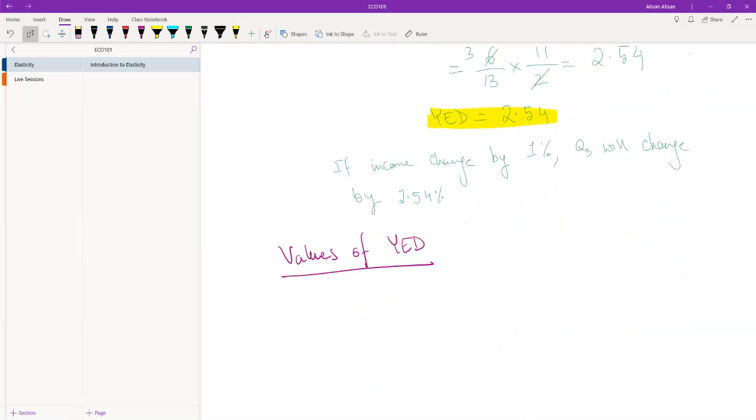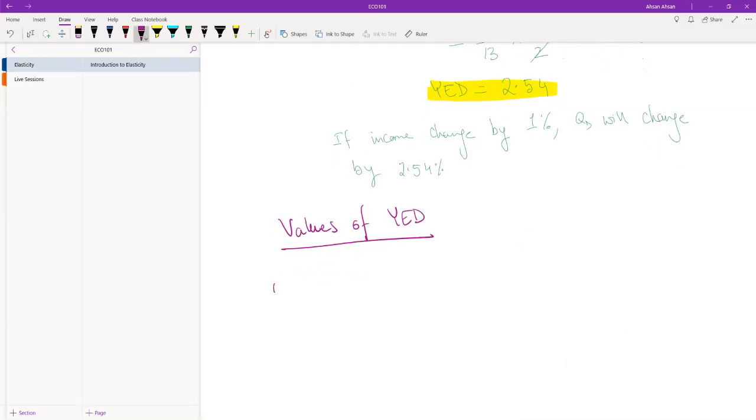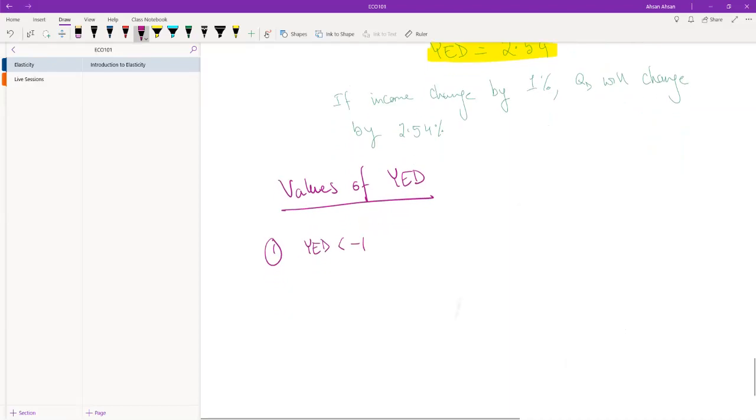Notice that for PED, we could say that it will always be negative because in the formula, either the denominator or the numerator was always positive and the other was always negative. Over here, we do not have that problem, okay? So let me just write down the values, then we'll talk about them. So YED can be less than -1.